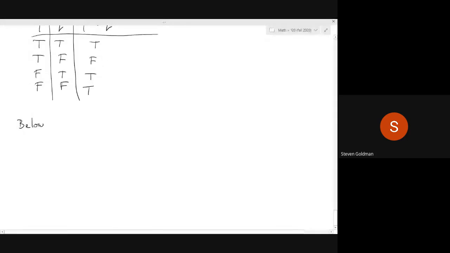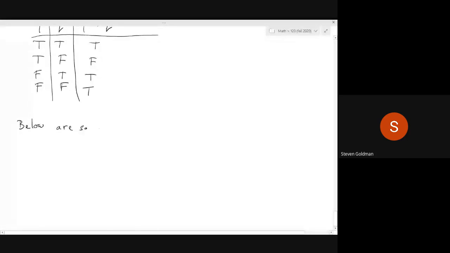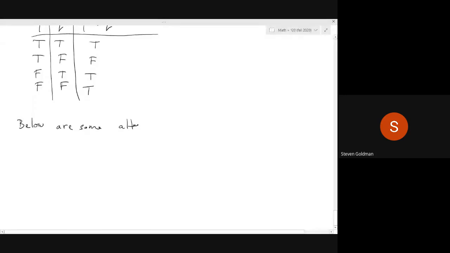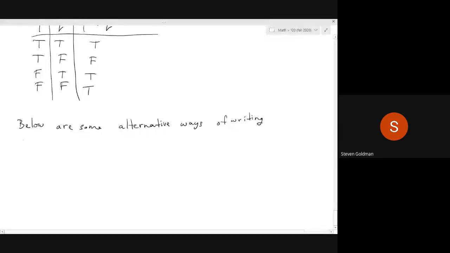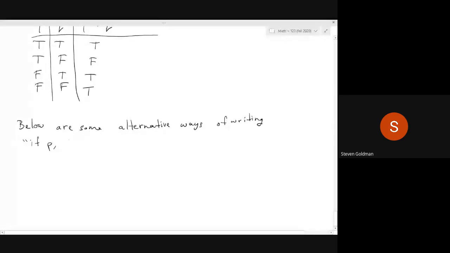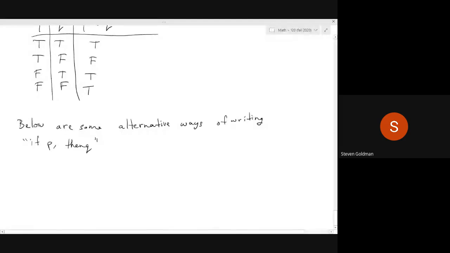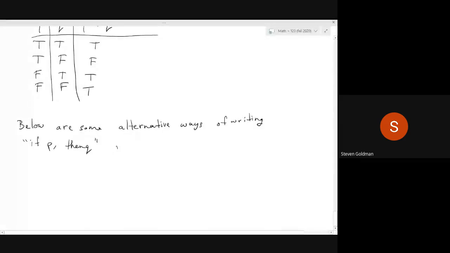Below are some alternative ways of writing if P then Q in English.